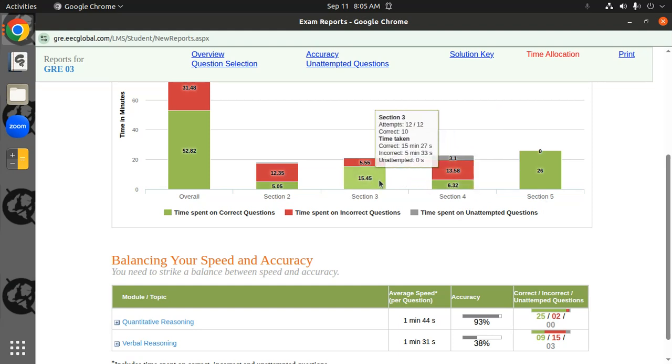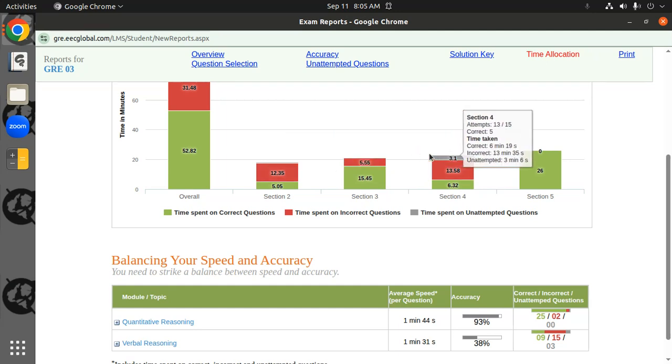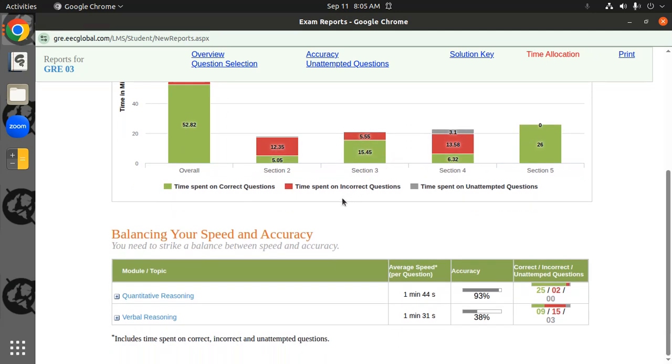So green is correct, red is incorrect, and gray is not attempted. So it's about balancing your speed and accuracy. You need to strike a balance between speed and accuracy.